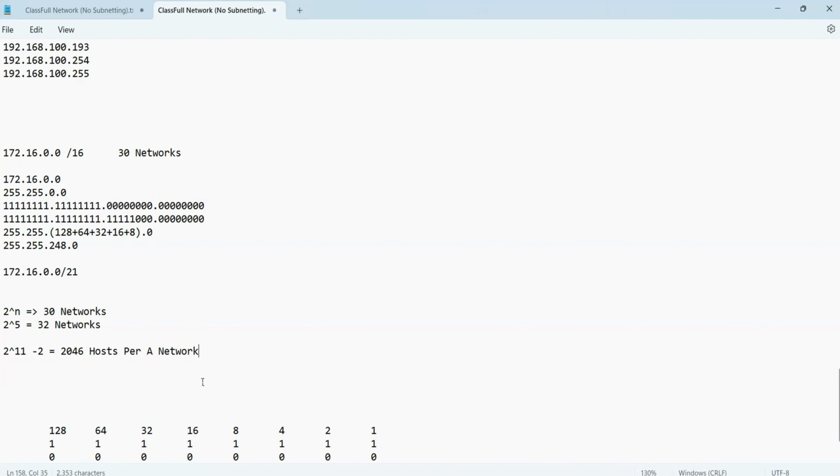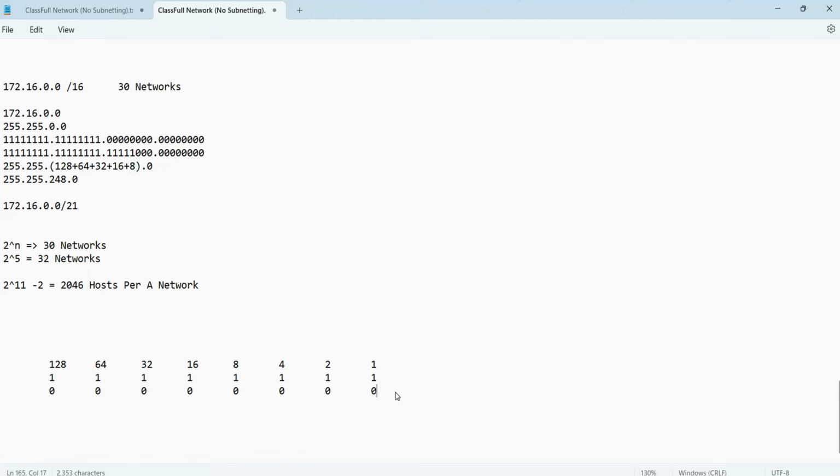Okay, so how do I calculate my networks right now? The subnet mask for all of them is this one right over here. Okay, great. Well, what is the value of the last bit that I borrowed on the third octet? It's an 8. Okay, good. If it's an 8, I always have to start with a 0.